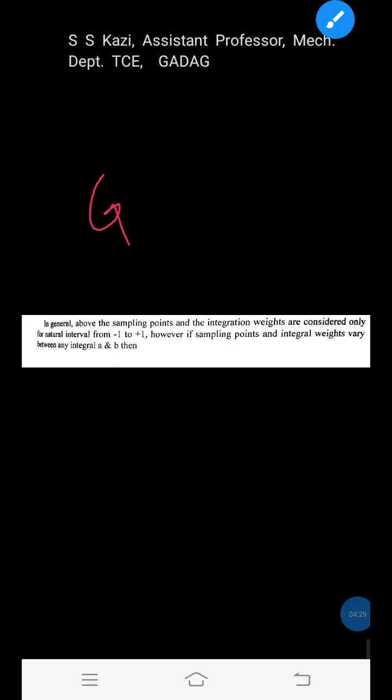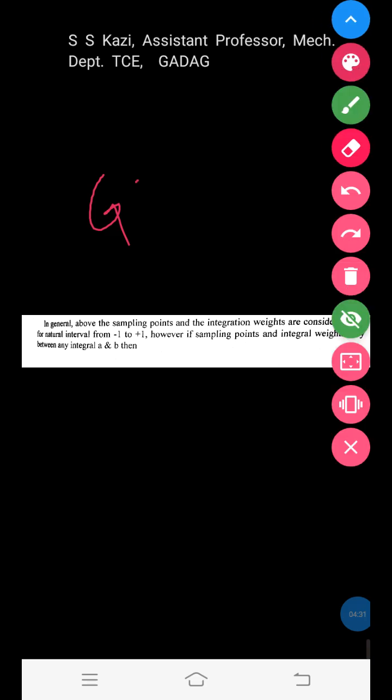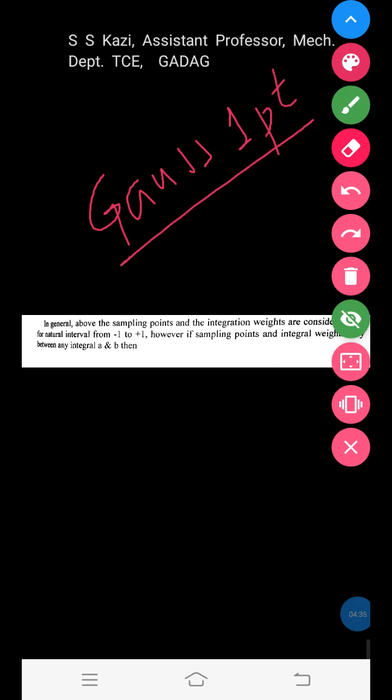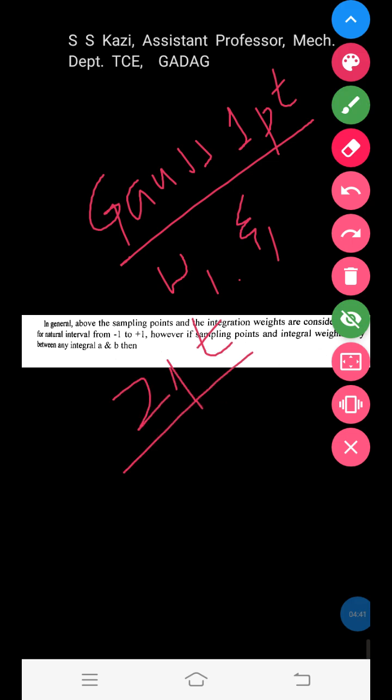That is, if we are using Gauss 1 point method, we use only w1 and zeta 1. If we are evaluating the given integral using 2 point method, then we should use w1, w2, zeta 1, zeta 2. Like that, for 3 point method we are using w1, w2, w3, zeta 1, zeta 2, zeta 3.